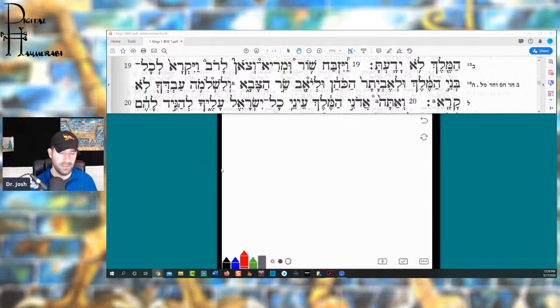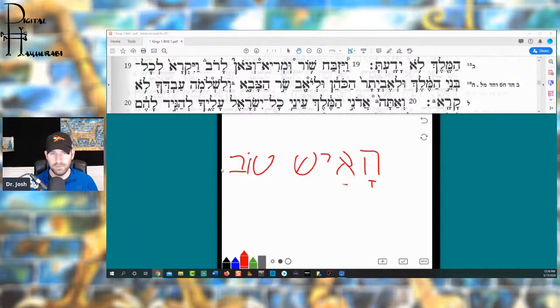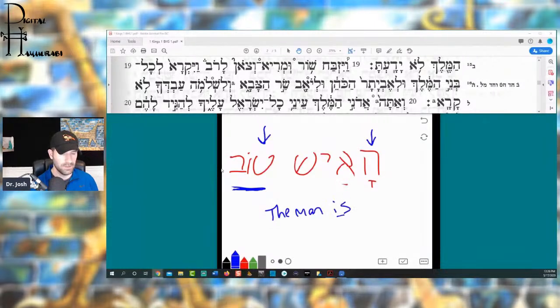So if we said ha'ish tov, we notice that this is definite and this is indefinite. So this adjective tov, good, has to be a predicate in a predicate construction here. So this has to be the man is good.